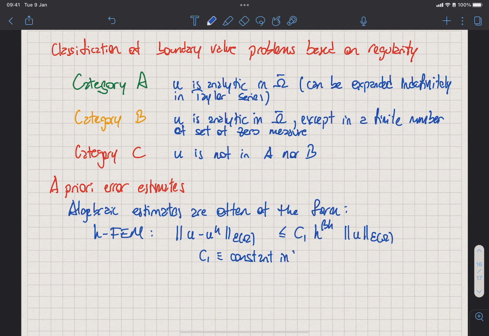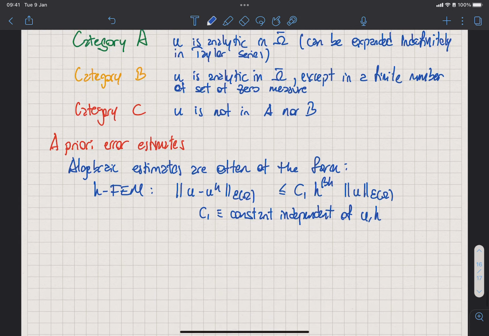Again, C1 here is a constant that is independent of u and h. h, we said, is the maximum element size.